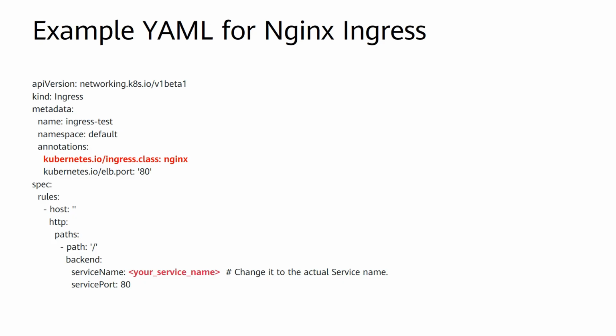And second, the field name is changed to ingress class name. Also, the backend settings. In the beta version, you set two parameters. In the V1 version, the name and port parameters are placed under the service field. They still function the same, just defined in a different place. In the V1 version, you need to specify path type for each rule. You can choose from several types. You can refer to our documentation for more details.